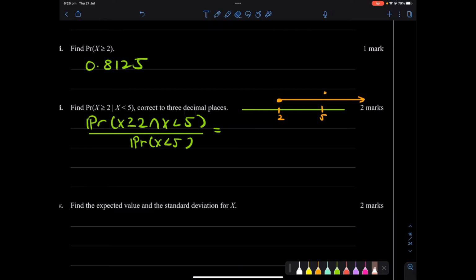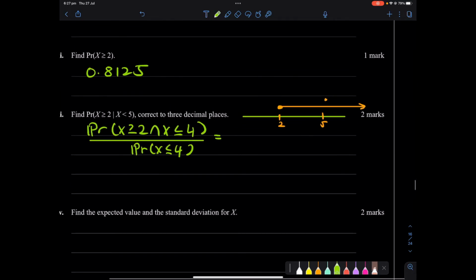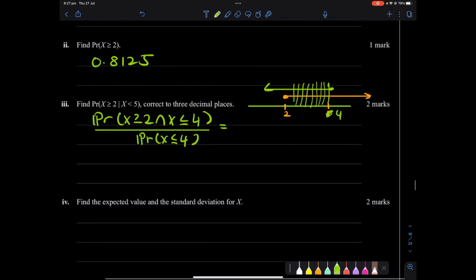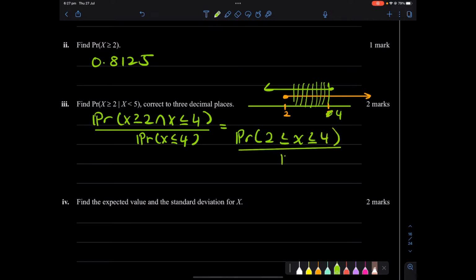It's useless when they're saying less than 5, so we should just change that to less or equal to 4. So when do they intersect? Well, they intersect over here. So this can be rewritten as the probability of x between 2 and 4, all over the probability of x less than or equal to 4.